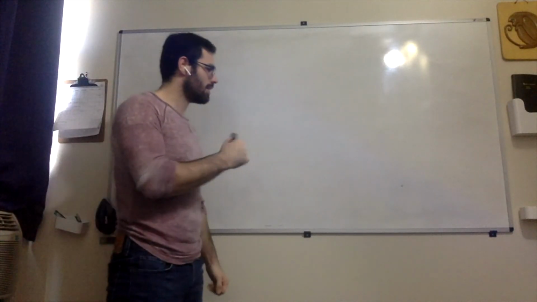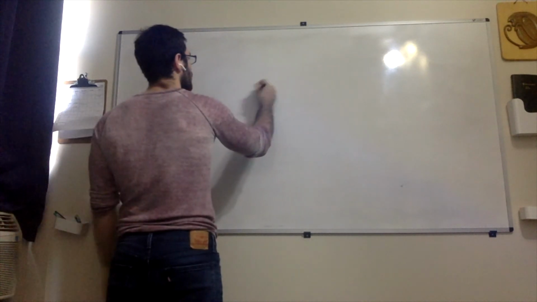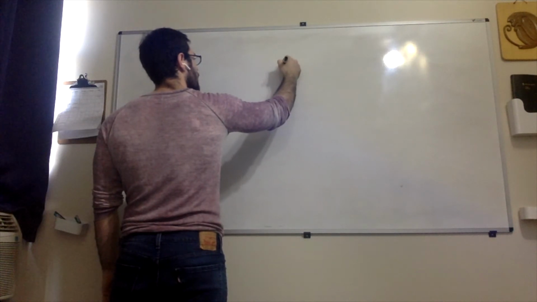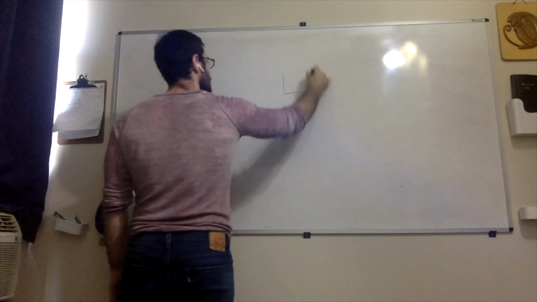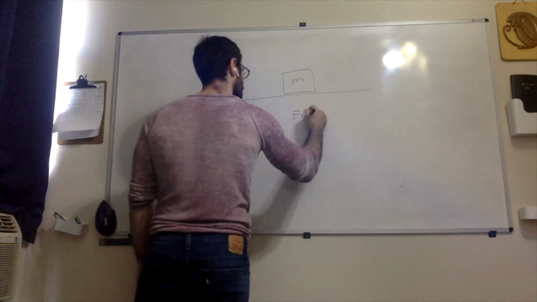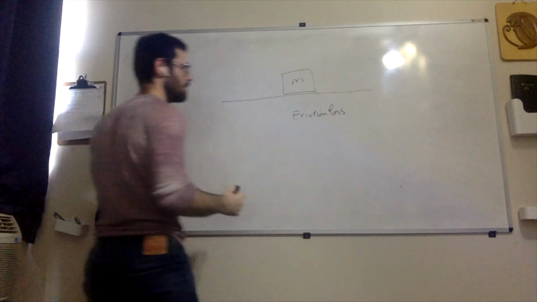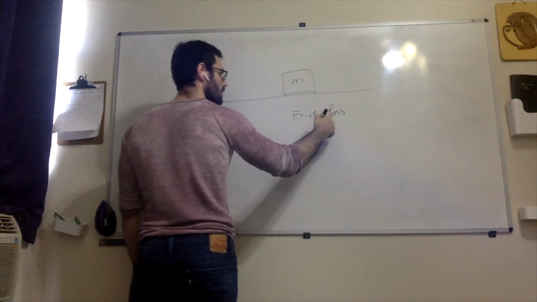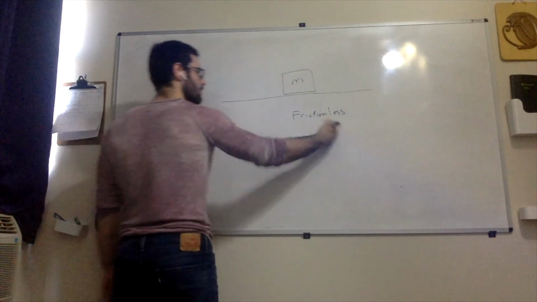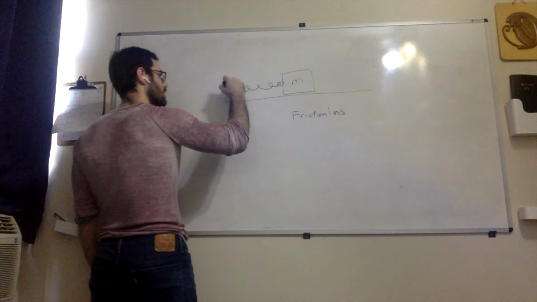Let's take a look at a particular example. Okay. So I'm going to say that I have a mass here on a frictionless surface. So I have a frictionless surface, I have a mass, and I attach to it a spring.